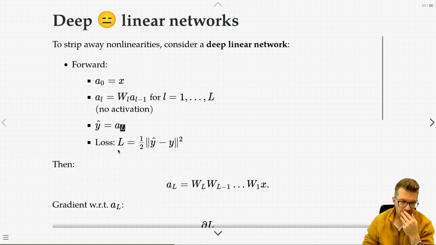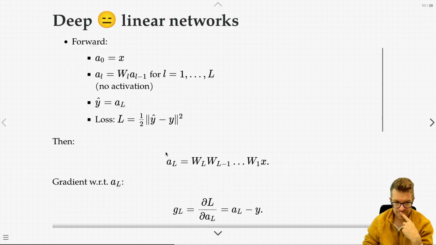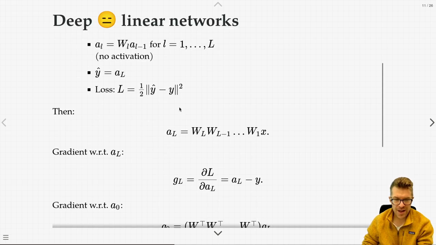And here's our loss, which is 1/2 of the square of the 2-norm of the difference between our prediction and the truth. One of you mentioned in class several weeks ago, why do we have this divided by 2 here? That's because we're going to take the derivative of our loss soon enough.